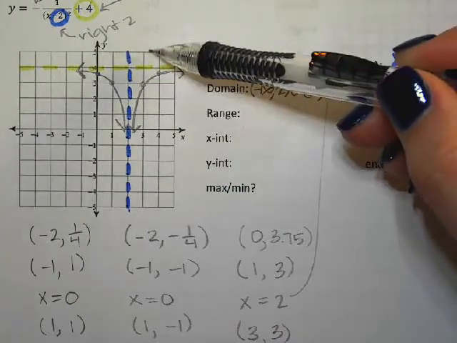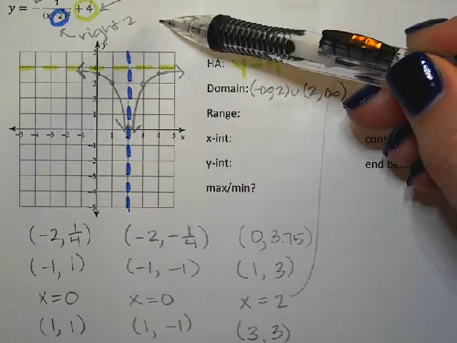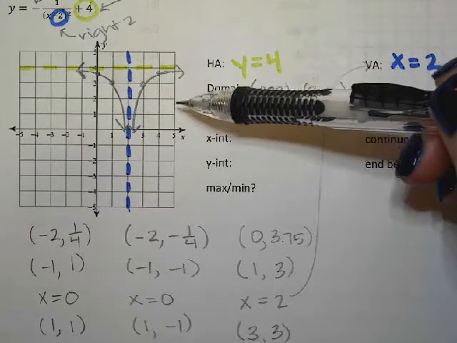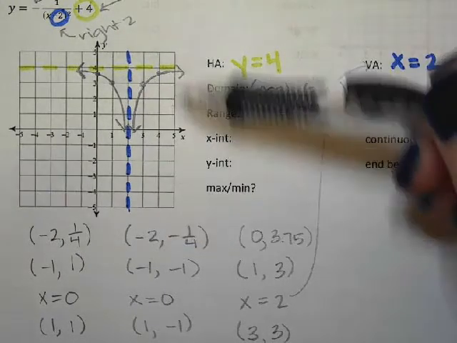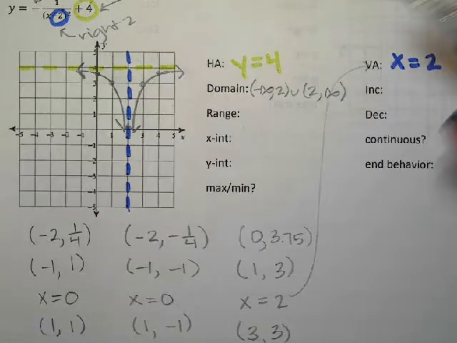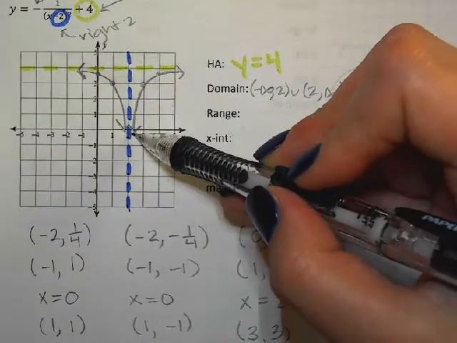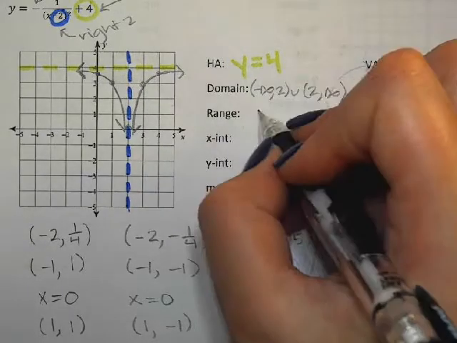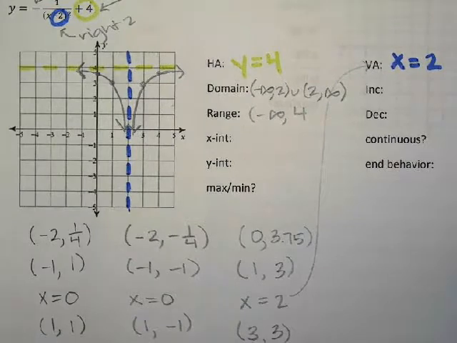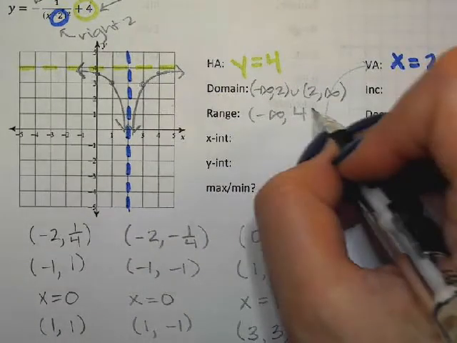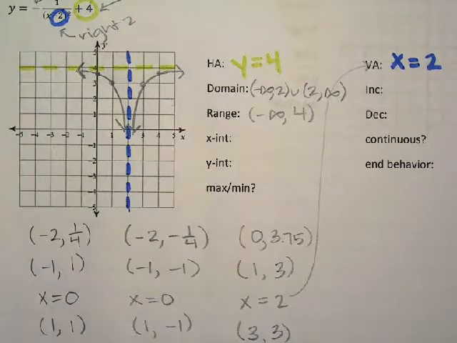We don't have any y values above the horizontal asymptote. So this is different than the other two examples we did. The other ones had a curve on top and a curve below. These only have curves below. So the range would be negative infinity to 4. Bracket or parenthesis with the 4? Parenthesis, it's an asymptote, so we don't actually hit 4, we just get close to 4.